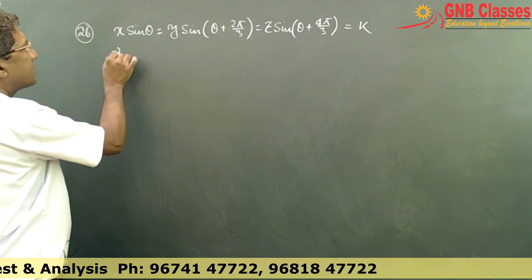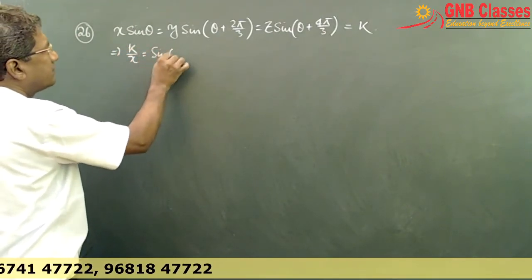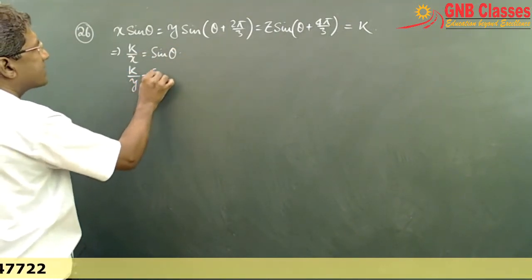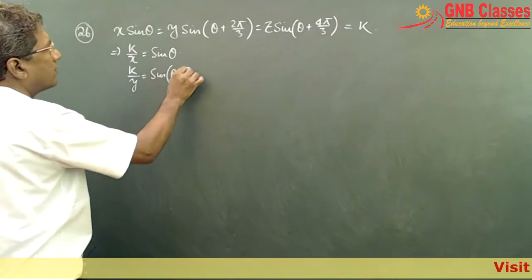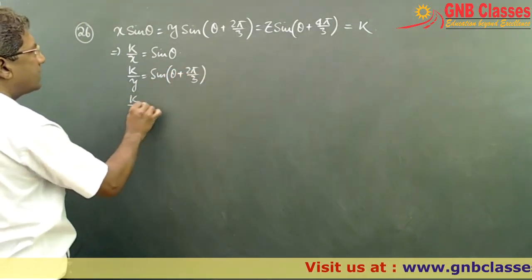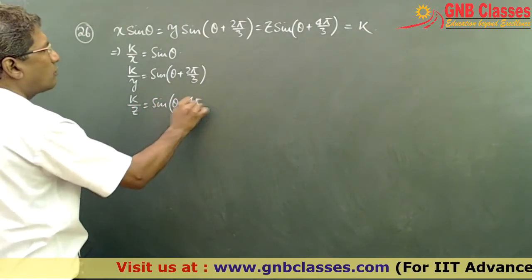So we can write k by x as sine theta, k by y as sine (theta plus 2 pi by 3), and k by z is nothing but sine (theta plus 4 pi by 3), right?